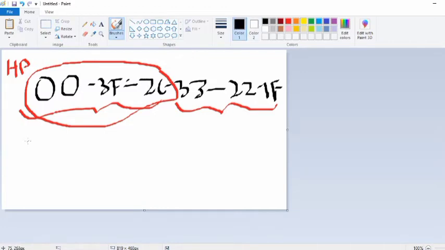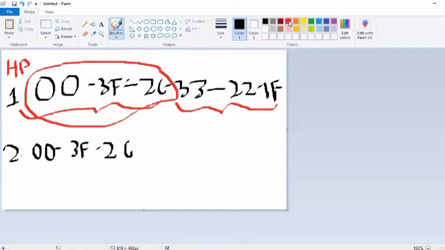Let us give a MAC address to another device. HP, this is computer number 1. Let's say it wants to give the MAC address to computer number 2. So what will it give? Again double zero, then again 3F, then again 2C.